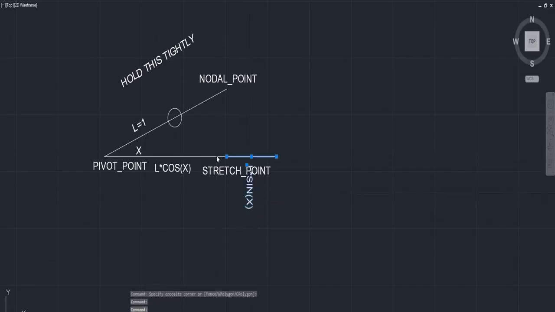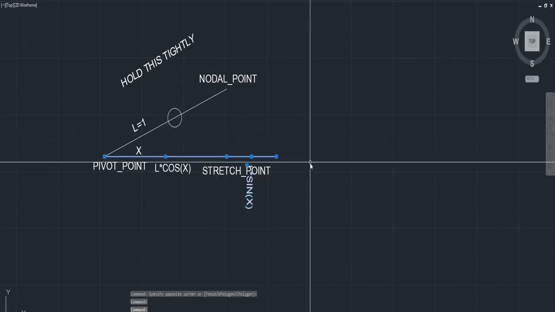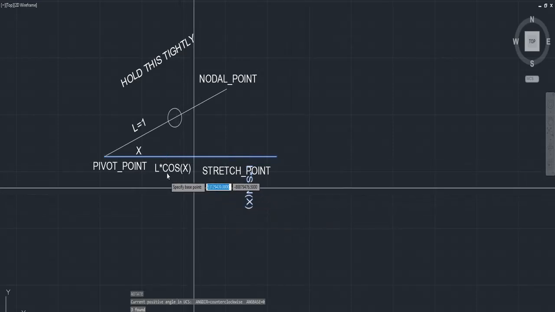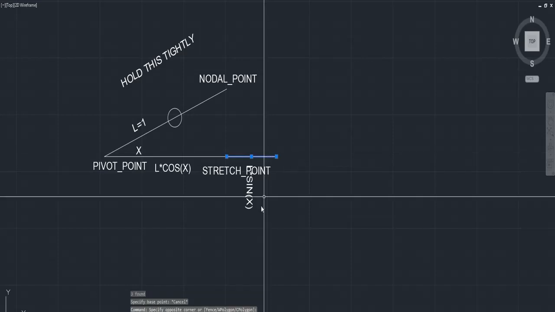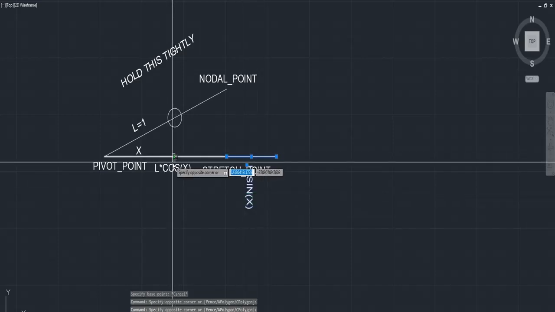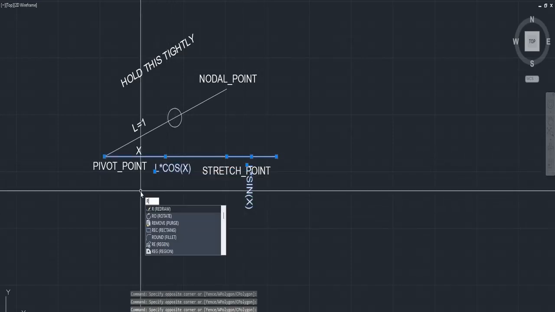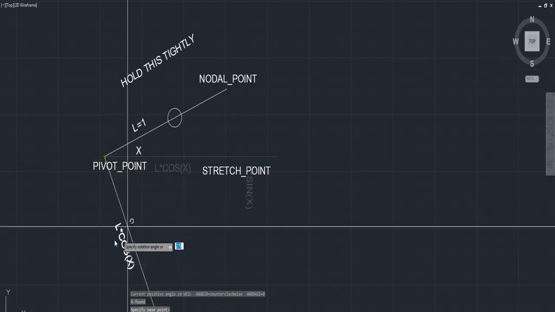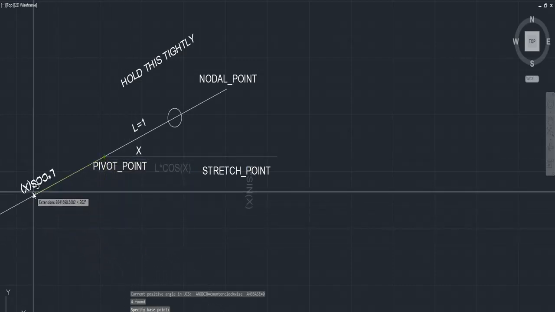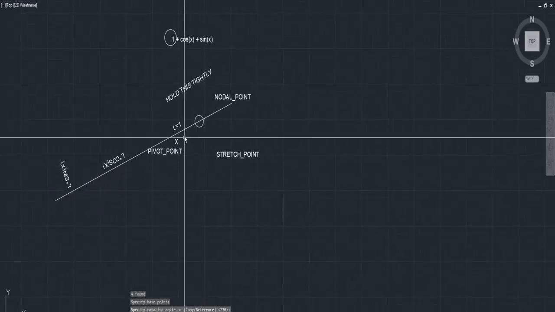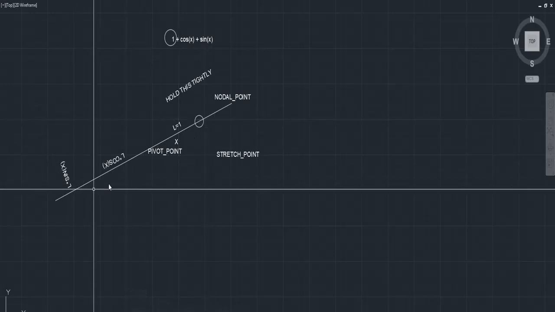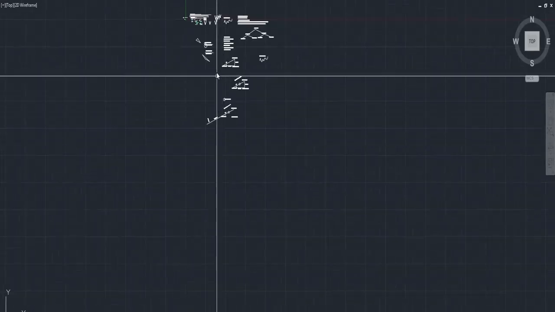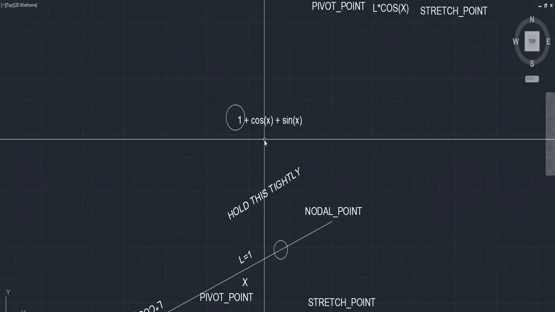After this collinearity is achieved, we sequentially rotate the whole bunch of line segments, the sin x part and the cos x part together, about the pivot point, so that we can straighten it and get 1 plus cos x plus sin x in an order, and that order is expressed in this expression 1 plus cos x plus sin x.